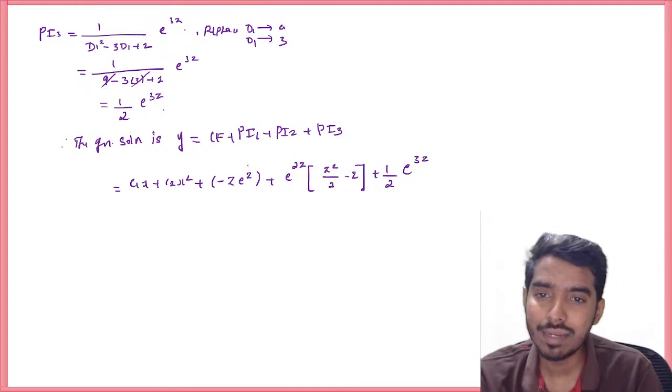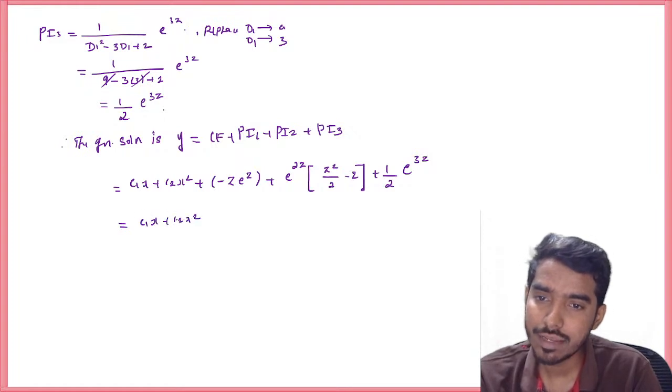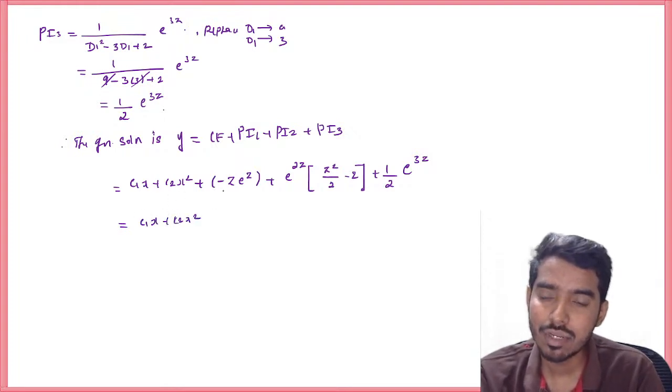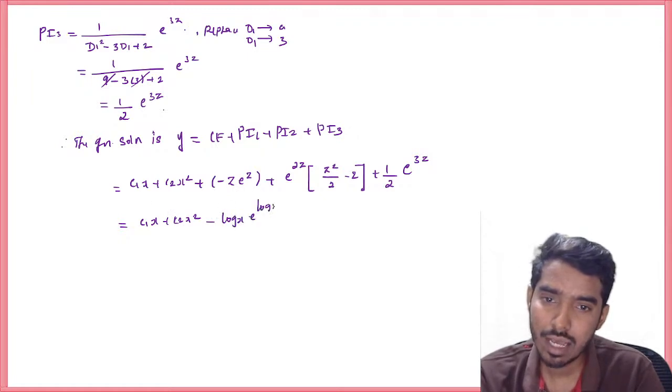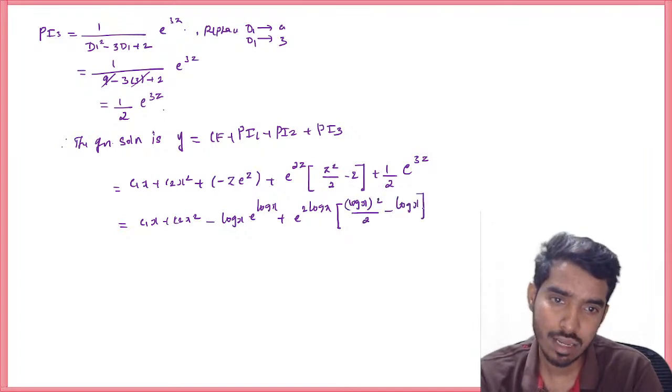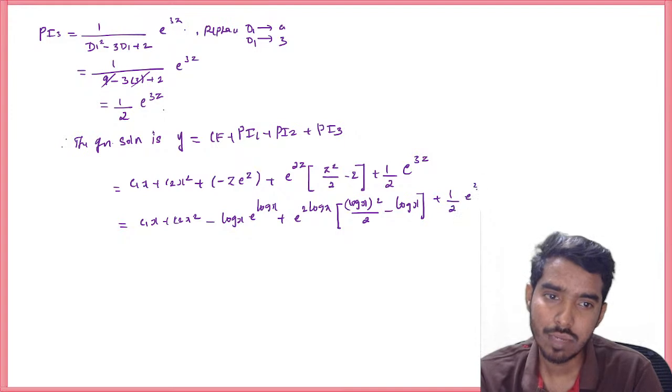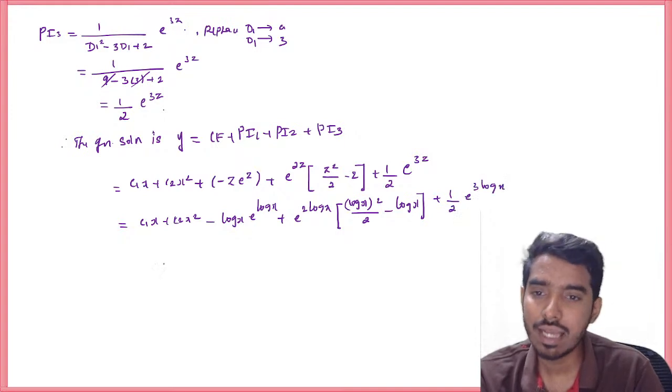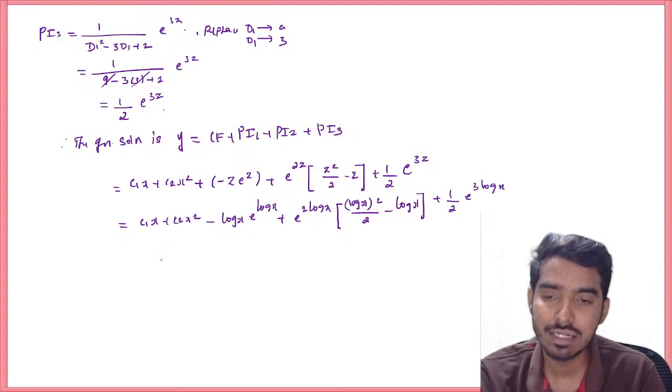So you have to replace again z by log x. So c1x plus c2x square, this we have already done, right? So replace z by log x: minus log x into e power log x, plus e power 2 log x into log x whole square by 2 minus log x, plus 1 by 2 e power 3 log x, right? Because z is log x.